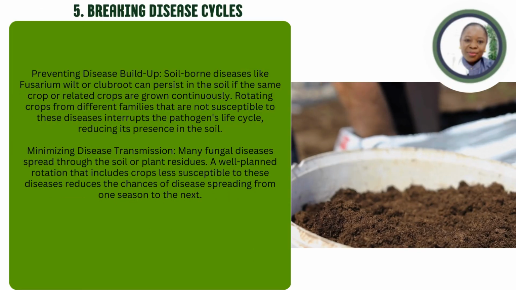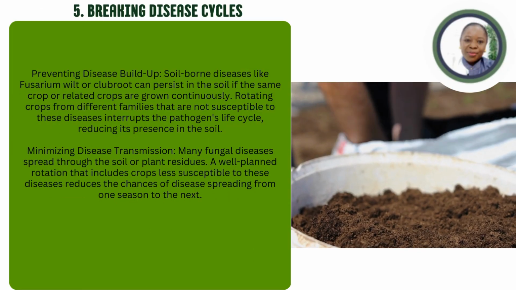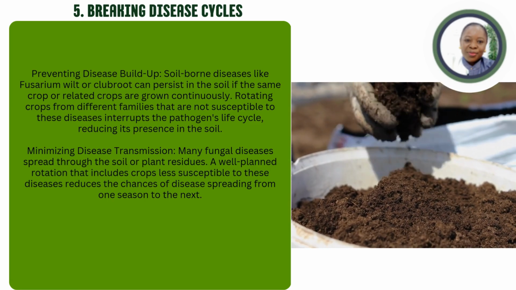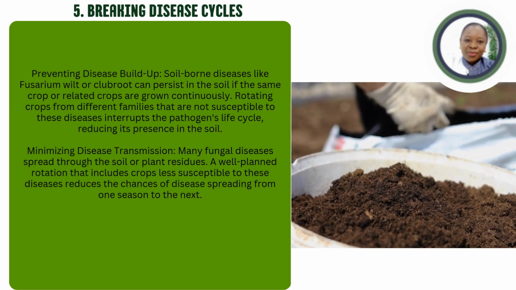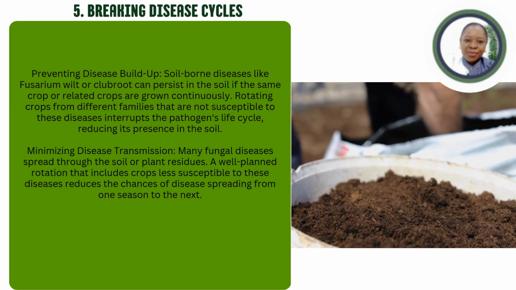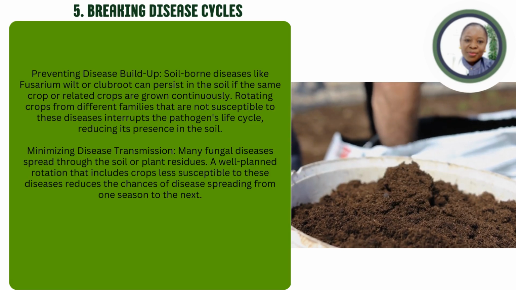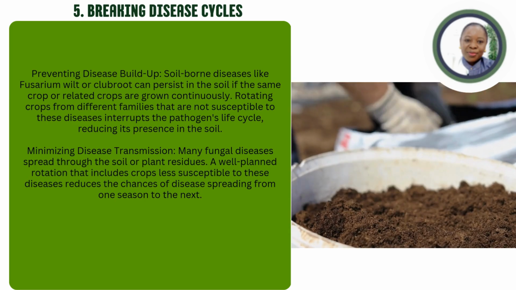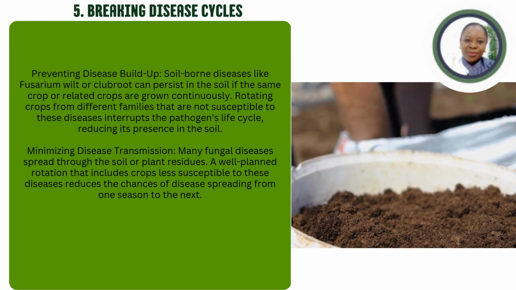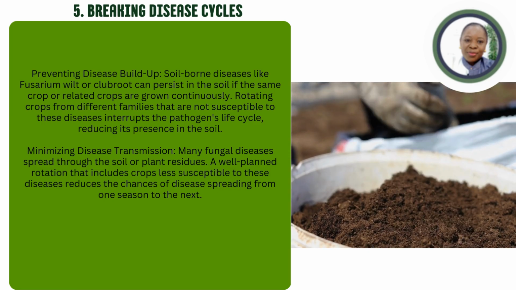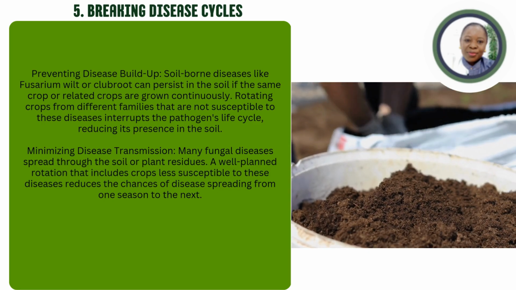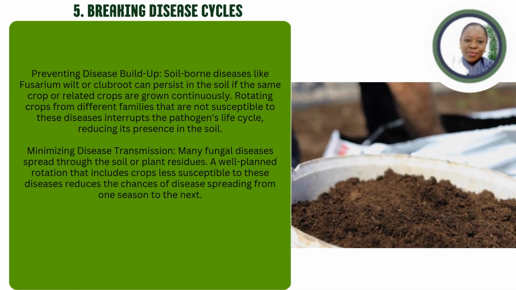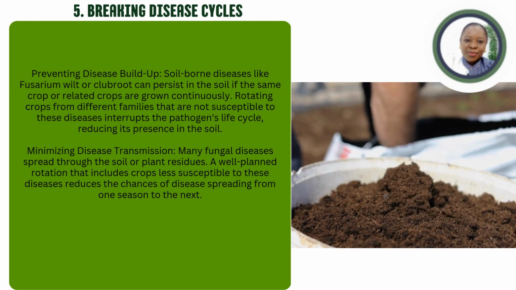5. Breaking disease cycles. Preventing disease buildup. Soil-borne diseases like Fusarium wilt or club root can persist in the soil if the same crop or related crops are grown continuously. Rotating crops from different families that are not susceptible to these diseases interrupts the pathogen's life cycle, reducing its presence in the soil.